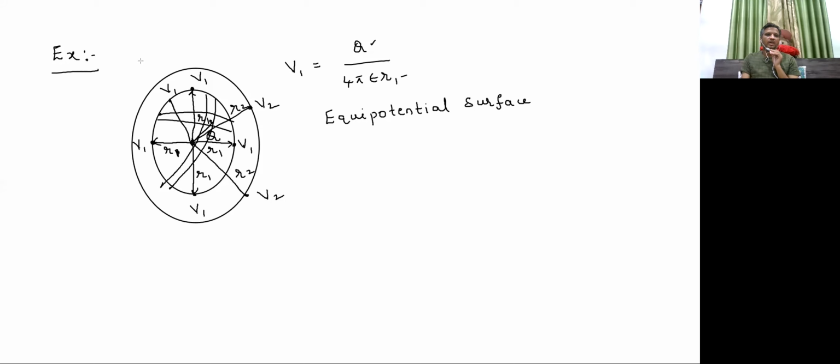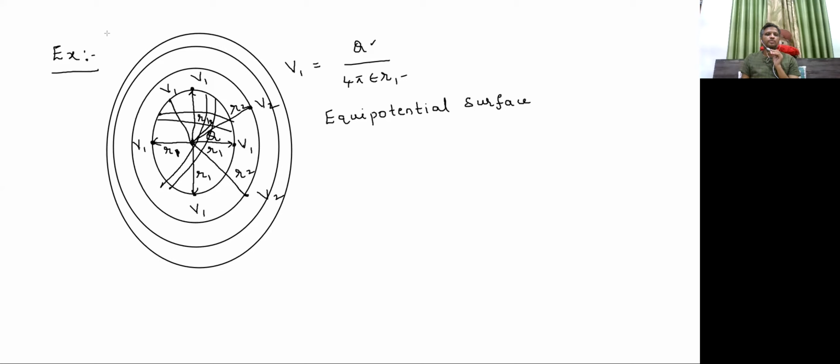Similarly, we can have n number of surfaces like this. These are all called concentric spheres, not circles. So these are all examples of equipotential surfaces.